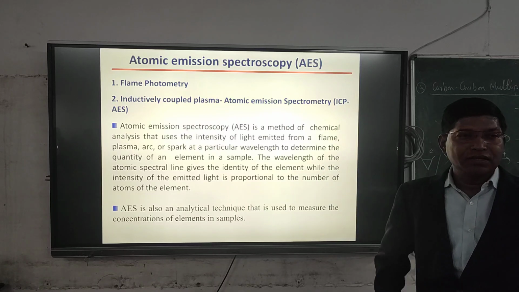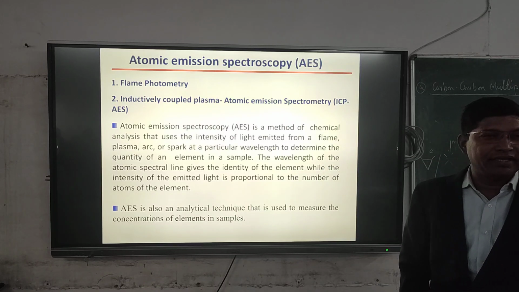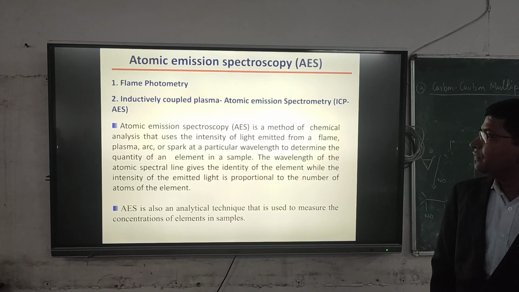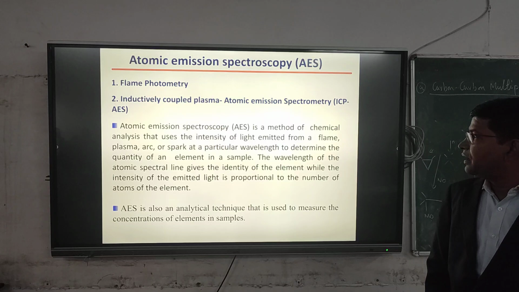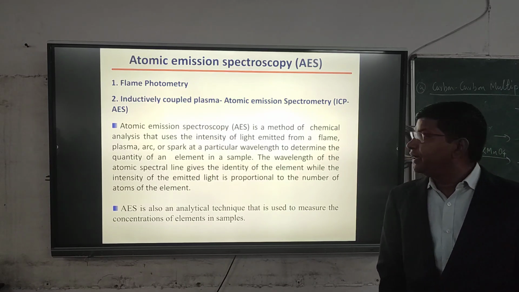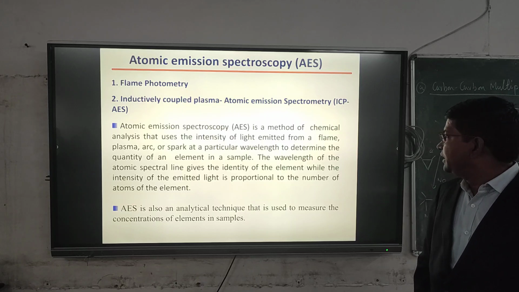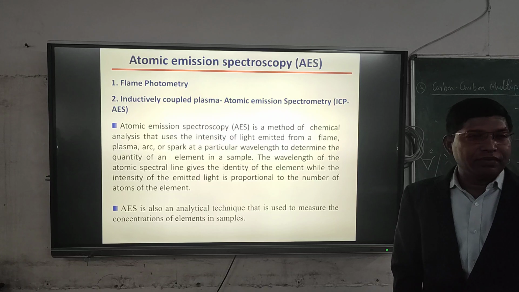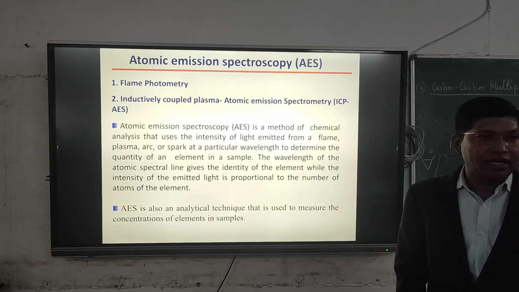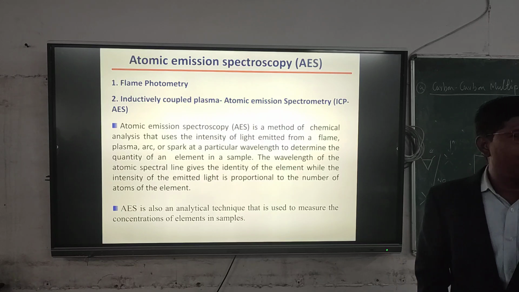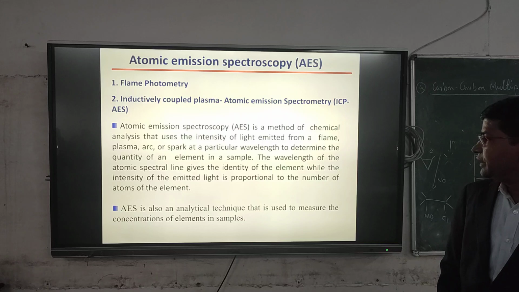We can also use plasma, arc or spark, and using these techniques we can determine the amount of element present in a sample. There are several elements in a sample, and each element will emit a specific wavelength of radiation. That is the selectivity of this method.